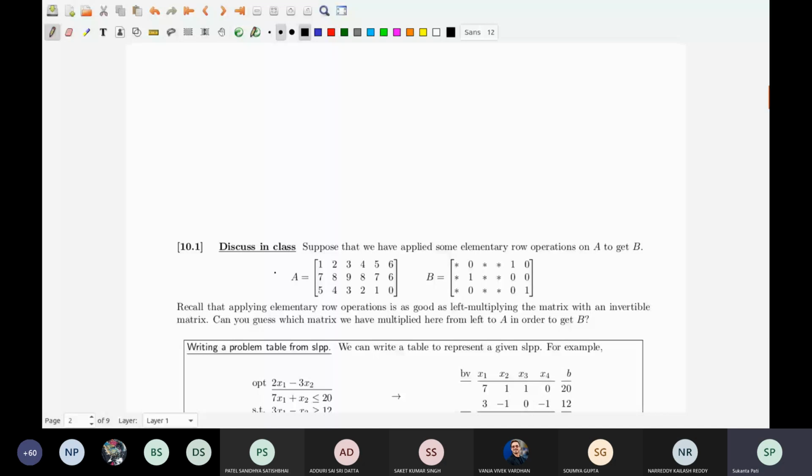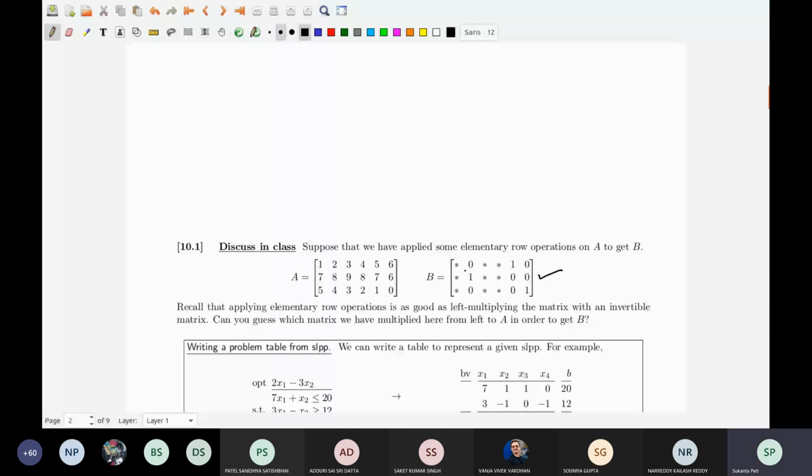So assume that I have done a series of elementary row operations on A, and somehow I have obtained the matrix B. I am showing only partial B, but somehow the fifth column of B is 1 0 0, the second column of B is 0 1 0, and the sixth column of B is 0 0 1.